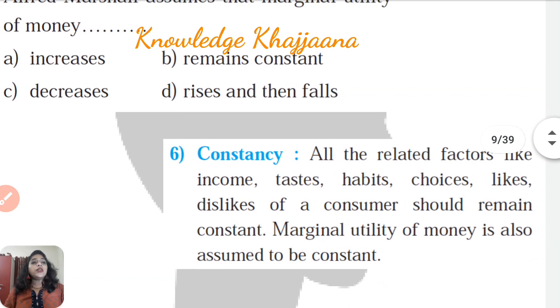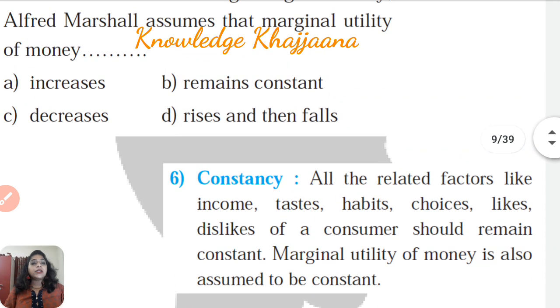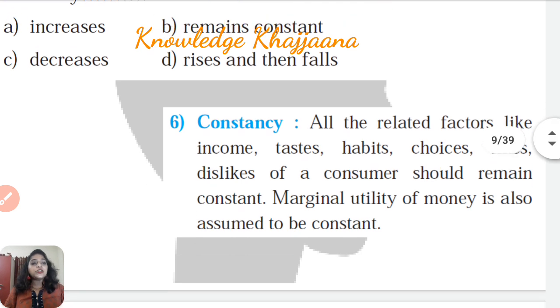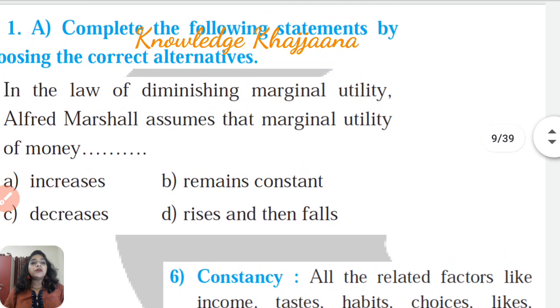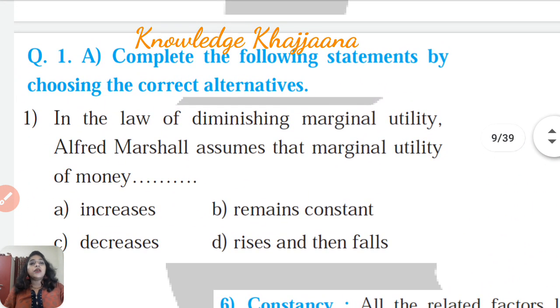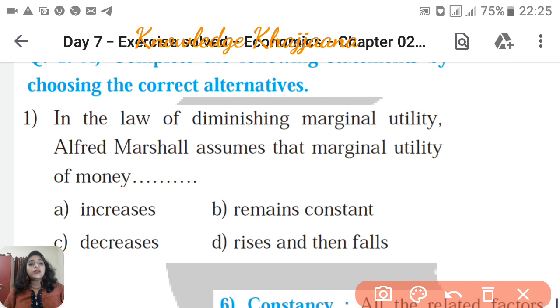All the related factors like income, taste, habits, choices, likes and dislikes of a consumer should remain constant. This is one of the assumptions for understanding the law of diminishing marginal utility. Marginal utility of money is also assumed to be constant. So the answer is option B, that it remains constant.